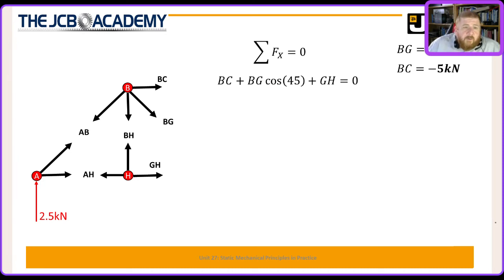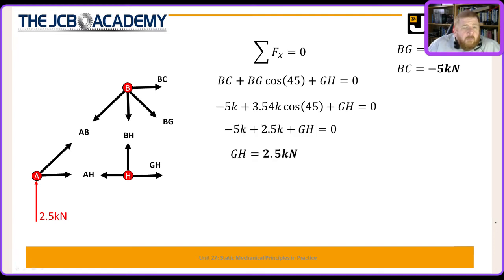Plug them into our equation, and what we get is minus 5 plus 3.54 cos 45 plus GH is 0. Rearrange it, and we get GH being 2.5 kilonewtons. Okay, those 3 members have now been calculated.